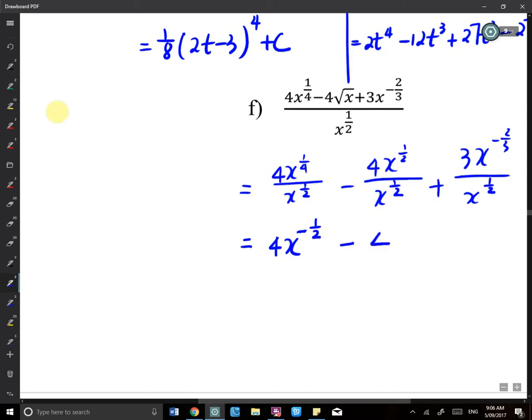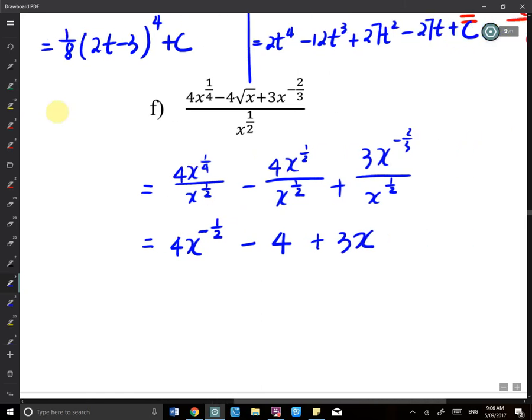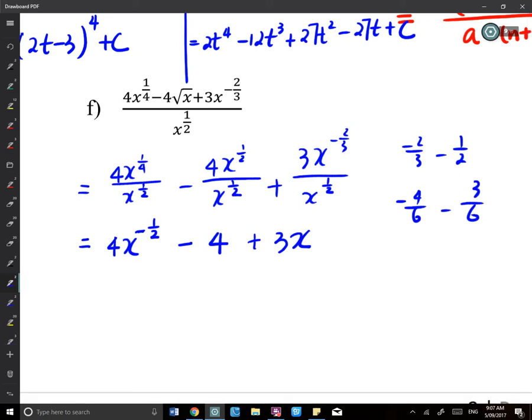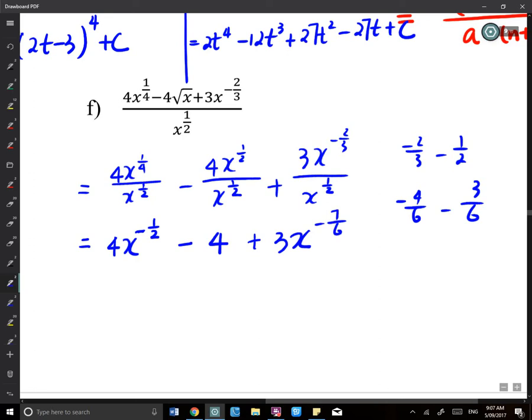What I have here is a minus 4. What I have here is 3 plus x to the power of negative 2/3 minus a half, which is negative 4 on 6 minus 3 on 6. So that is a minus 7 over 6.